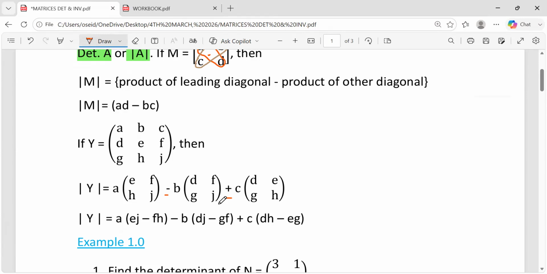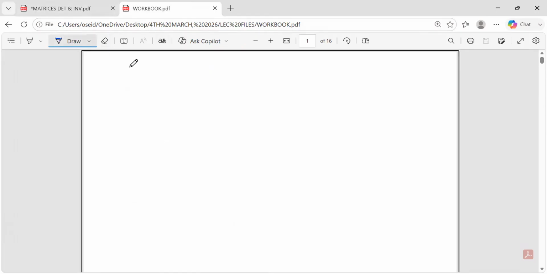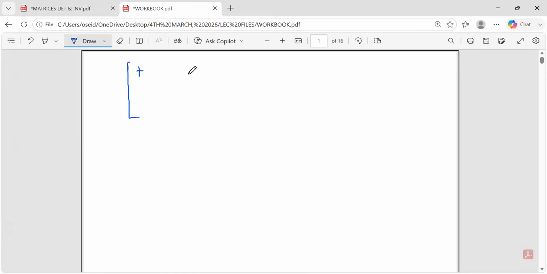It is because of the cofactor sign. With a 3 by 3 matrix, the cofactor sign for the first row should be plus, minus, plus.